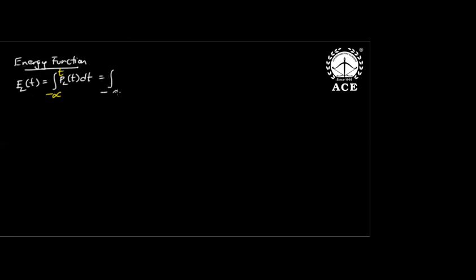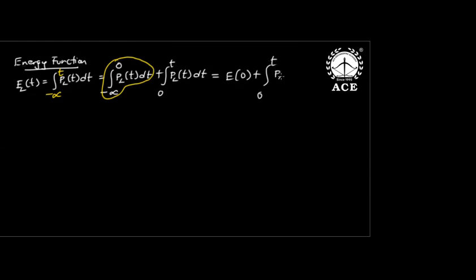That is minus infinity to 0 of power dt, plus 0 to t of power dt. The first part is called the initial condition, E of 0. So energy is E of 0 plus the integral from 0 to t of power dt.